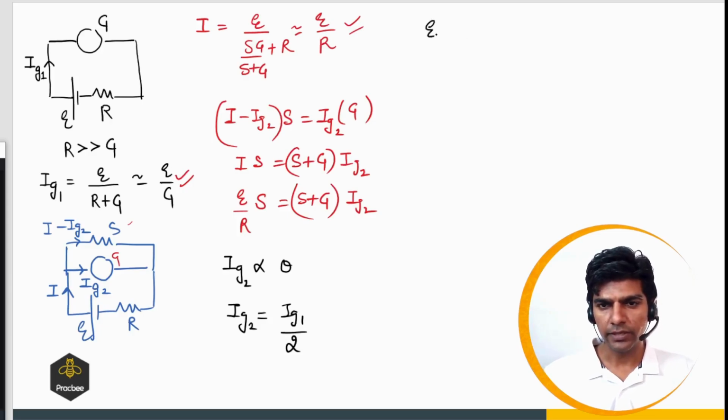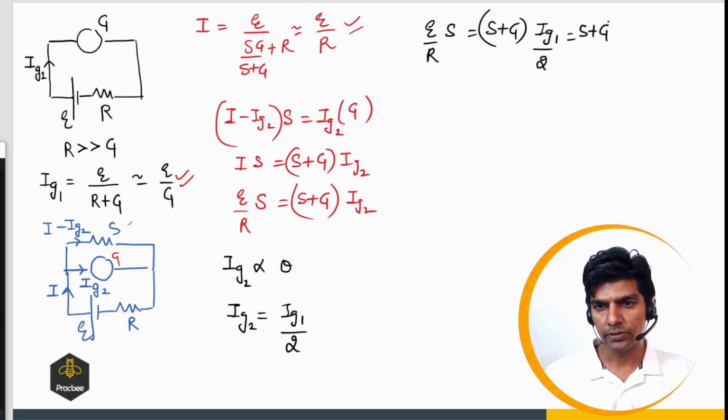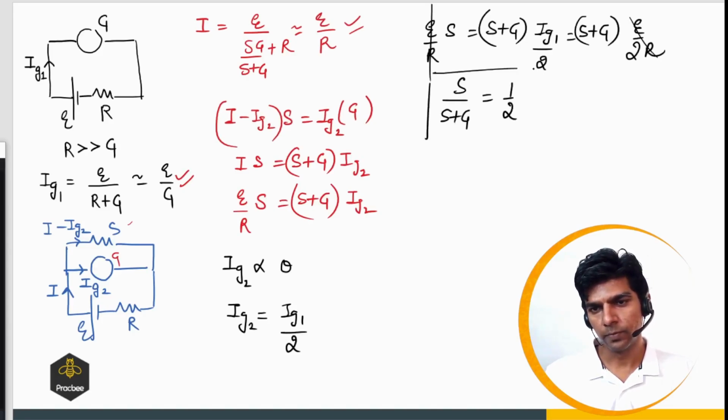So let us write this: E by R times S is equal to S plus G, and IG2 can be written as IG1 divided by 2, so S plus G times E by 2R. By simplifying this, E by R will get cancelled out, and S upon S plus G can be written as 1 by 2. Clear?